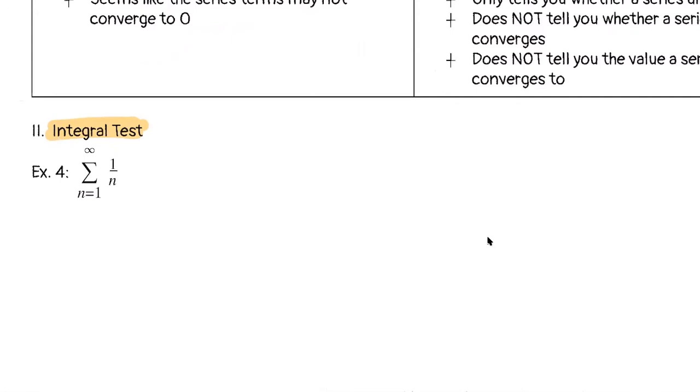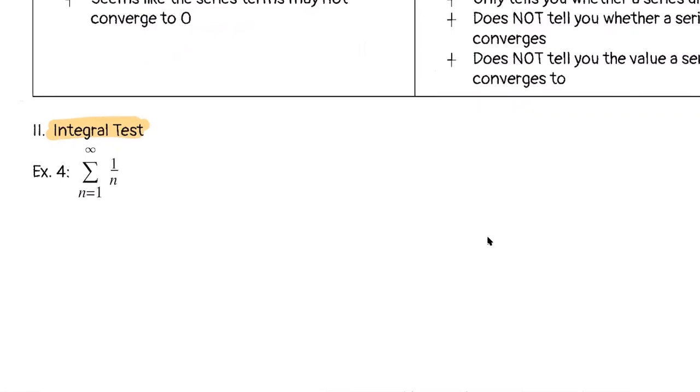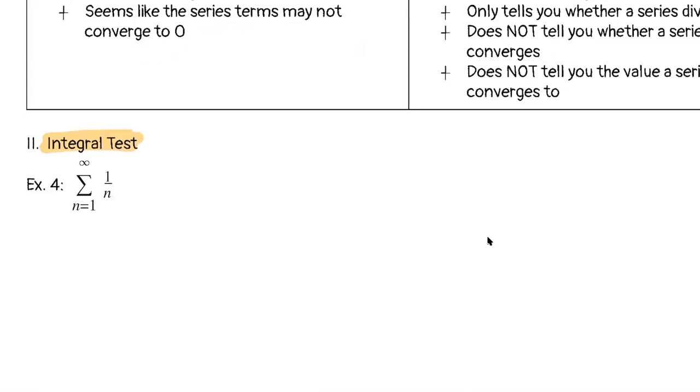So here is the integral test, okay? The integral test is basically saying, I'm going to take the integral from the bottom number, which is 1 in this case, to the top number, which is infinity, of 1 over x dx.